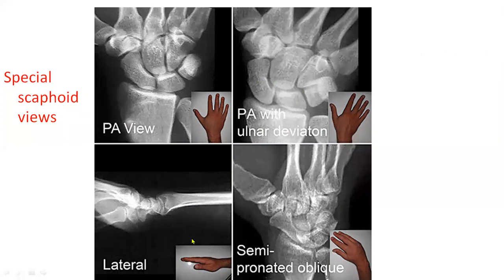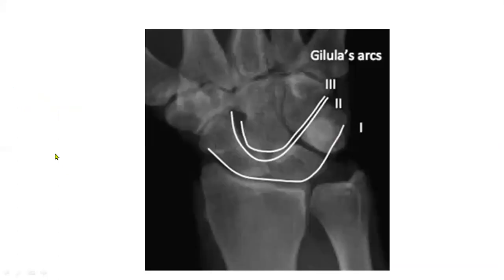We can also have the lateral view, where the hand is placed like that, and we can also have a semi-pronated oblique view. So all these are the specific views which can be used for the radiographic identification of scaphoid fracture.